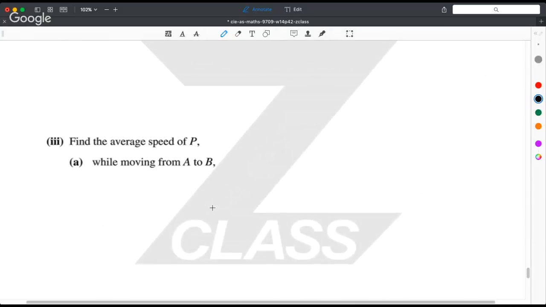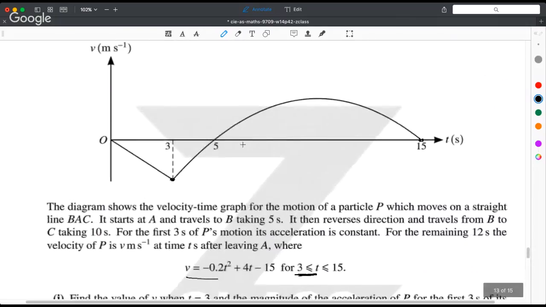Okay, now they want the average speed of P. So firstly, we're moving from A to B. So average speed is the change in position divided by the change in time. Let's first look at while moving from A to B. So the distance traveled between 0 and 3 seconds, which is A to B. If you look, here's A, and this is B here.